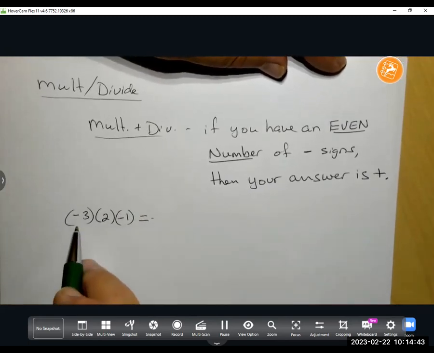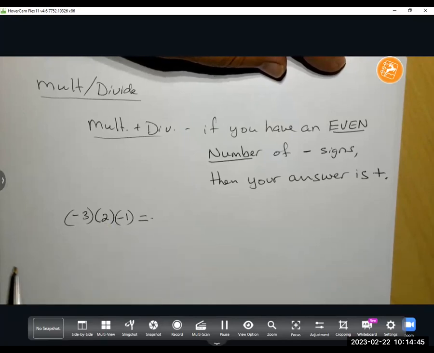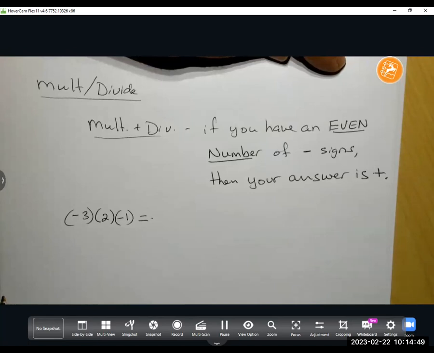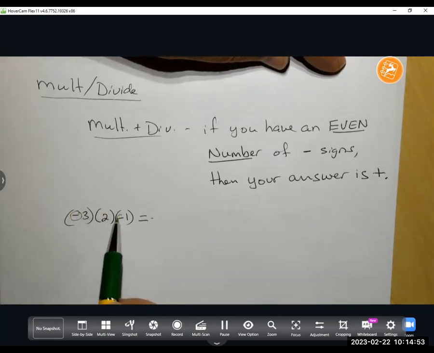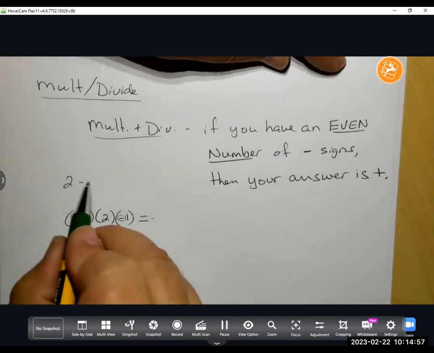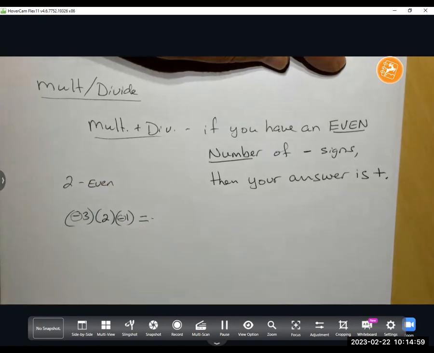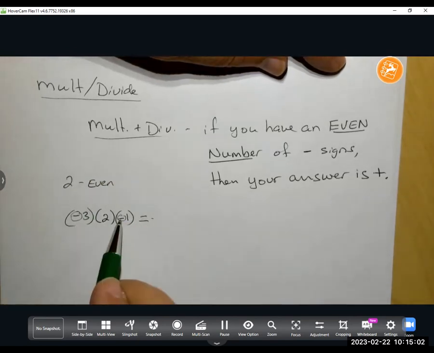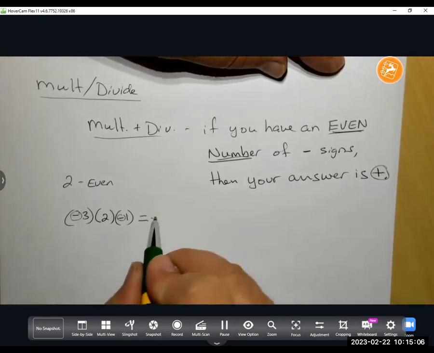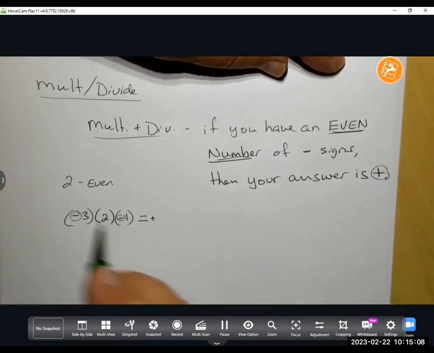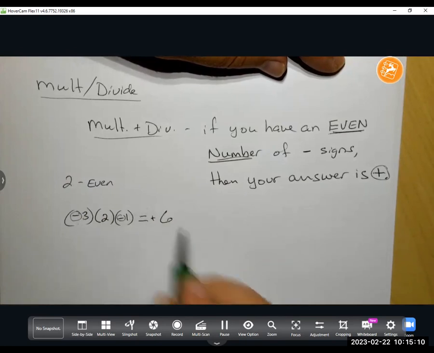In this example, -3 times 2 times -1, is the answer going to be positive or negative? Since we have two of them, is 2 odd or even? It's even. Since we have an even number of negatives, the answer is positive. 3 times 2 is 6 times 1 is 6.